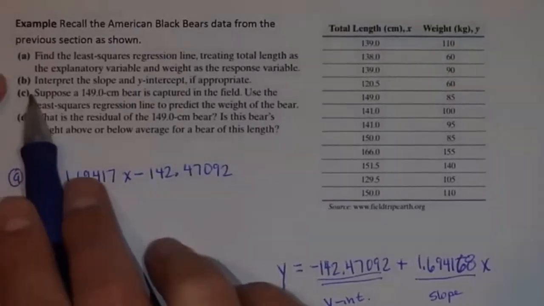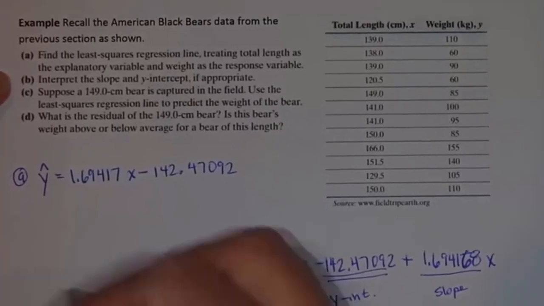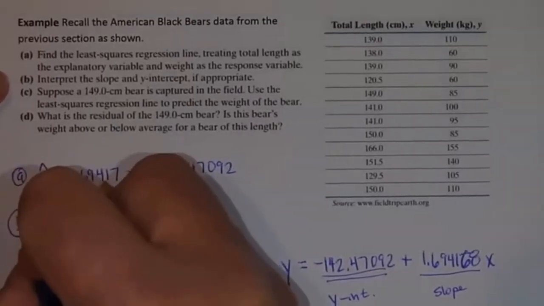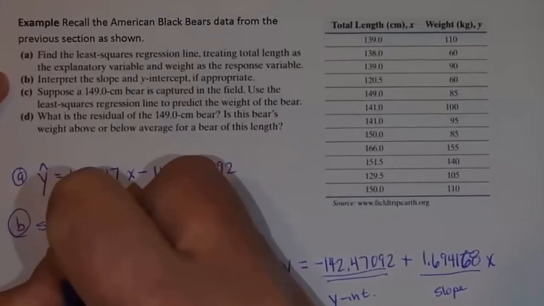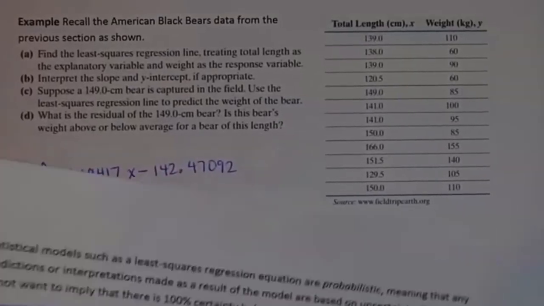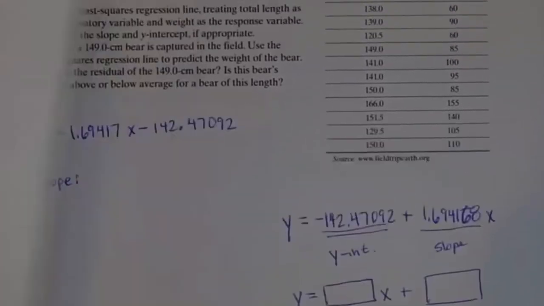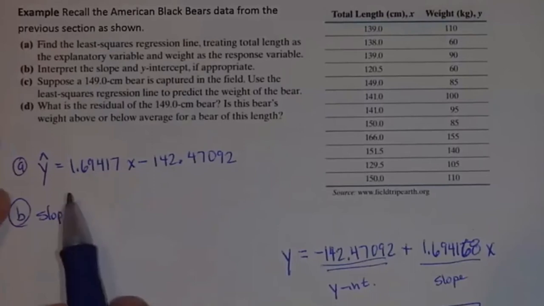Now part B, we want to interpret the slope and the y-intercept if appropriate. So if we interpret the slope, again, we talked about that on this previous page. In this particular case, we have a positive slope.